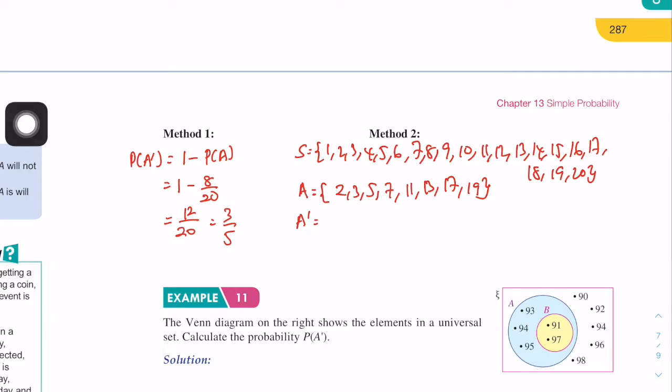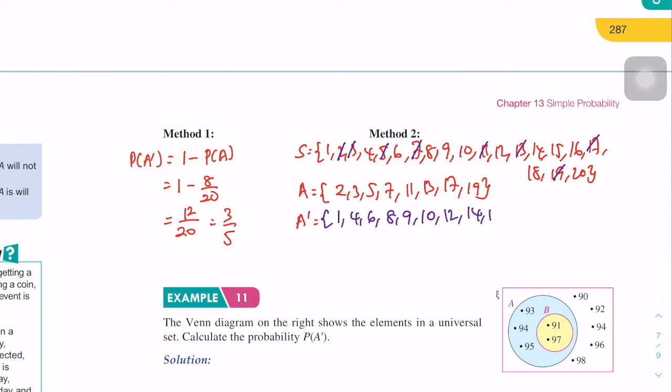Whichever number is left after you cross out A is A prime. So we know that A prime is 1, 4, 6, 8, 9, 10, 12, 14, 15, 16, 18 and 20.